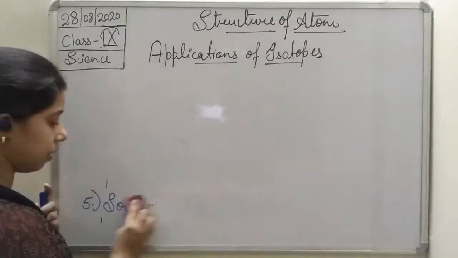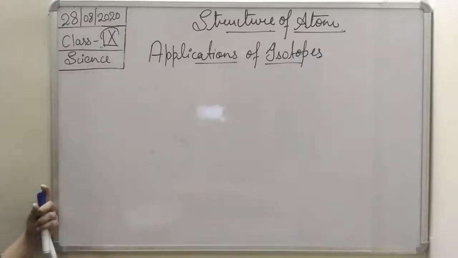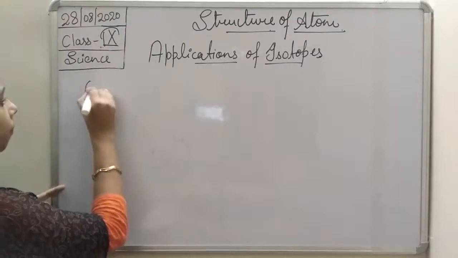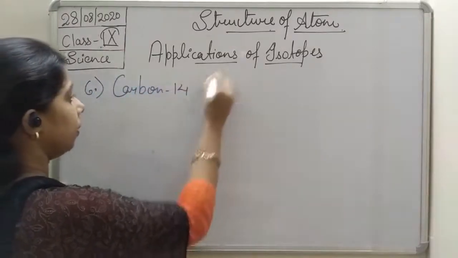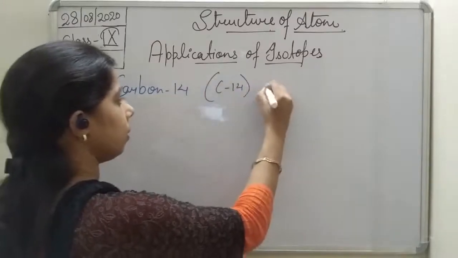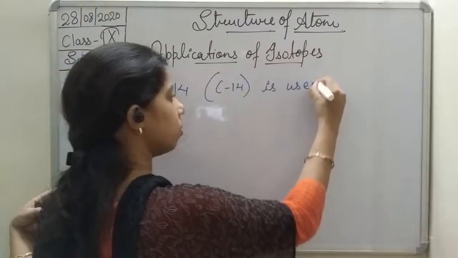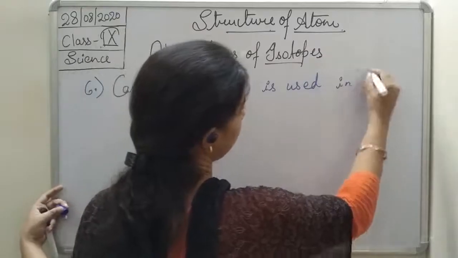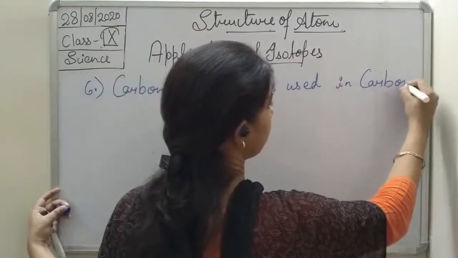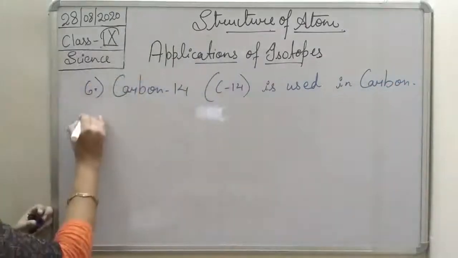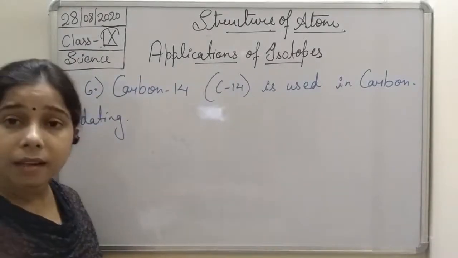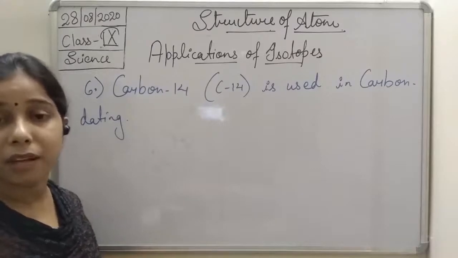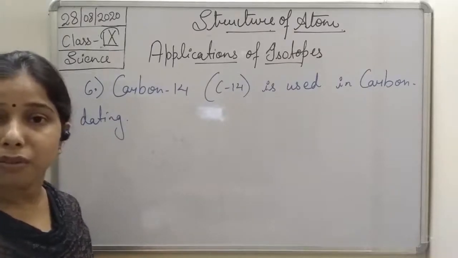So we can write it: carbon-14, that is C-14, is used in carbon dating. So what is carbon dating? This is the method by which we can find the age of fossils.